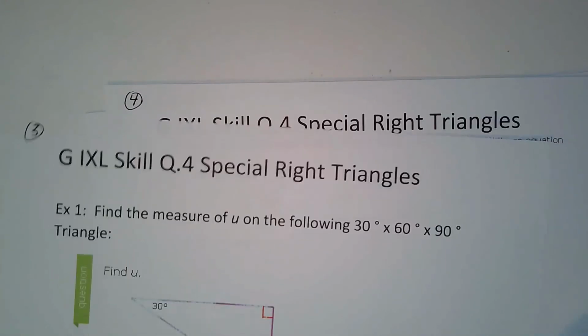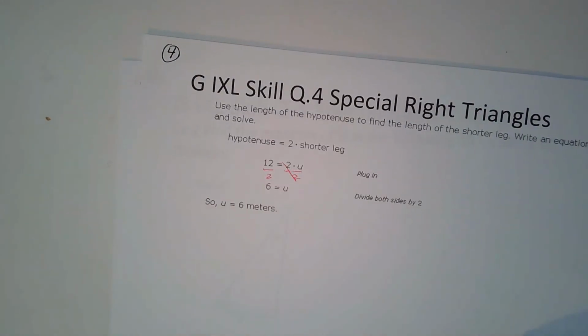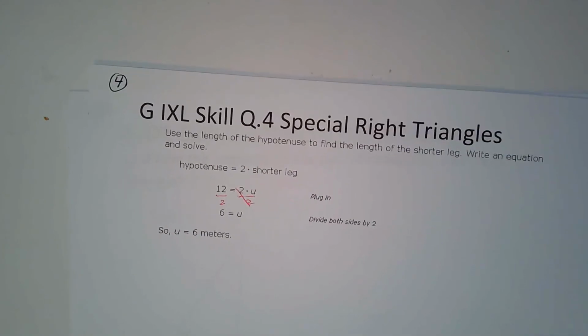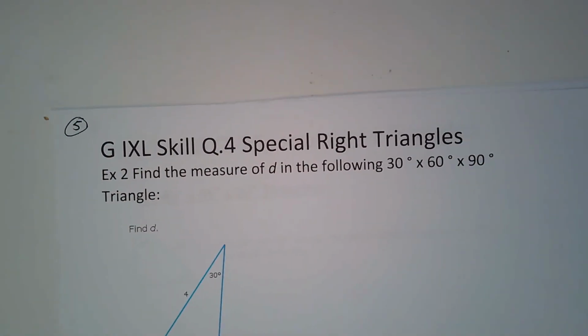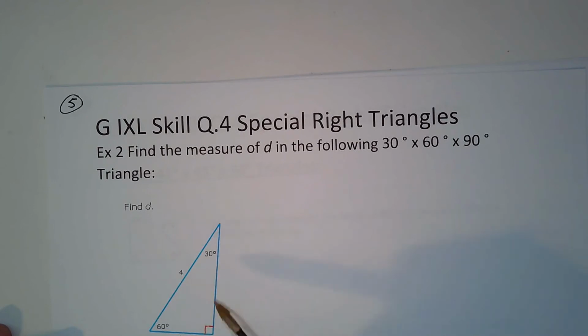Okay? All right. And so then the next problem, next example, we're going to find the measure of the following 30, 60, 90 degree triangle. We want to find the measure of D. So we look at it. D is the short leg.